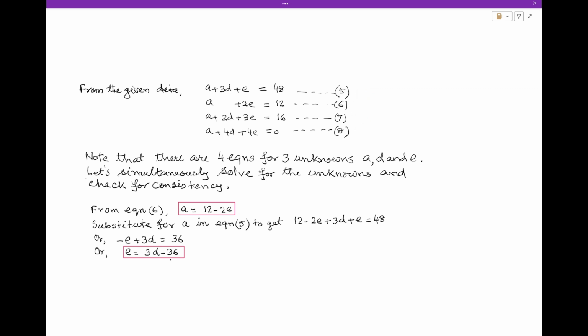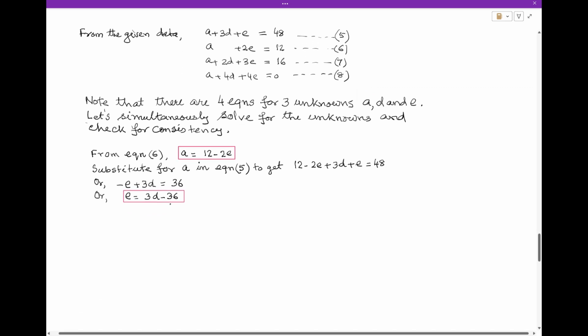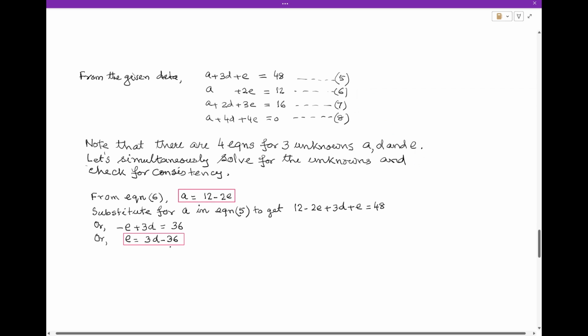Note that now we have three unknowns A, D, and E, and still there are four equations. Let us simultaneously solve for these unknowns and check whether these four equations are consistent or not. From equation 6, we get A is equal to 12 minus 2E.